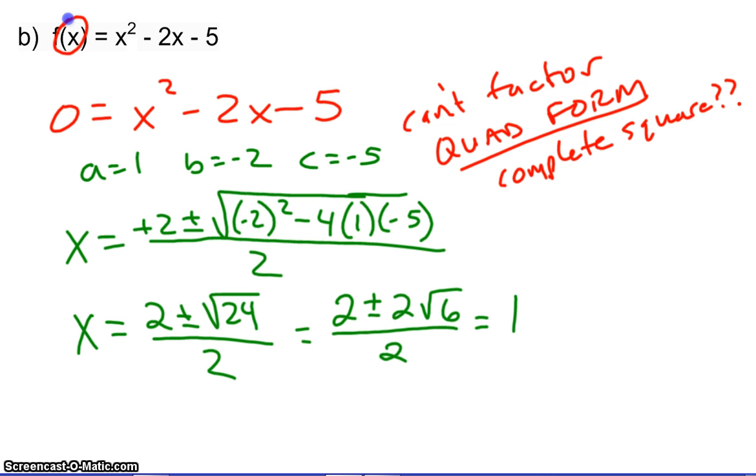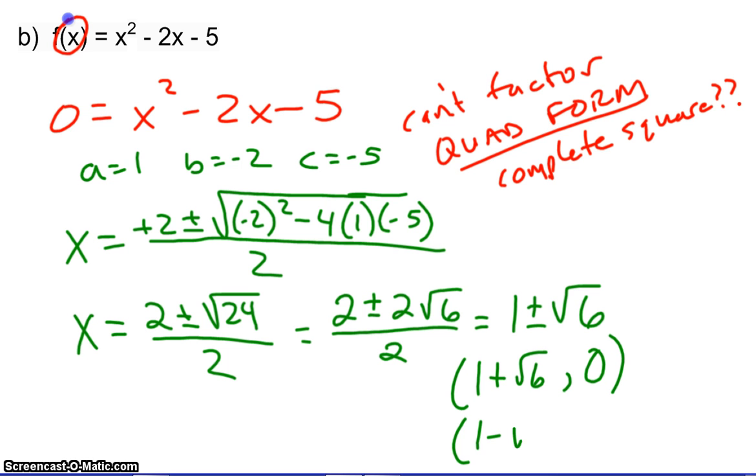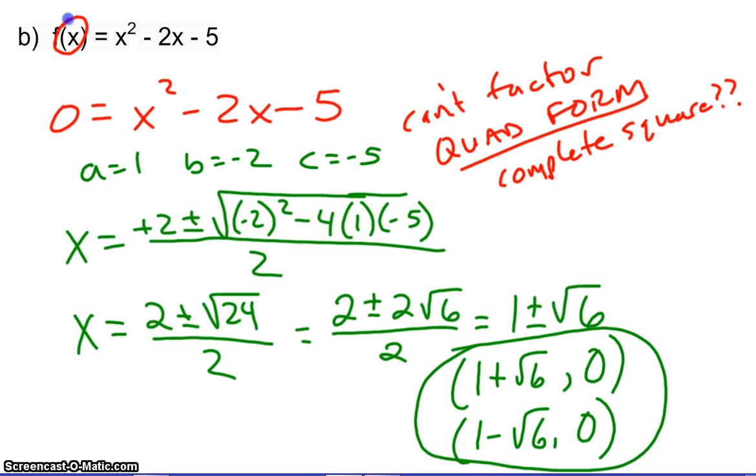And we should get 1 plus or minus root 6. So when we think about writing our x-intercepts as ordered pairs, it is 1 plus root 6 with the y value of 0, and then 1 minus root 6 with the y value of 0. So in this case, we have our two x-intercepts.